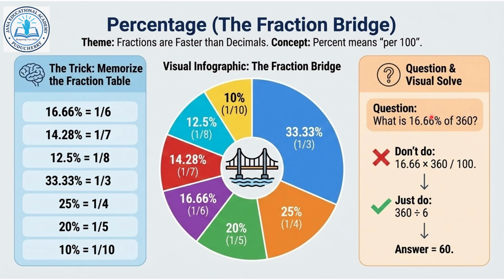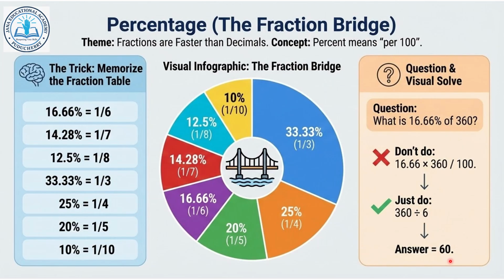For example, see this problem. What is 16.66 percent of 360? So it is very difficult: 16.66 into 360 divided by 100. So what we can do, instead of using 16.66, we can use 1 by 6. So 1 by 6 into 360 by 100. So it's nothing but 360 divided by 6, which is 60.